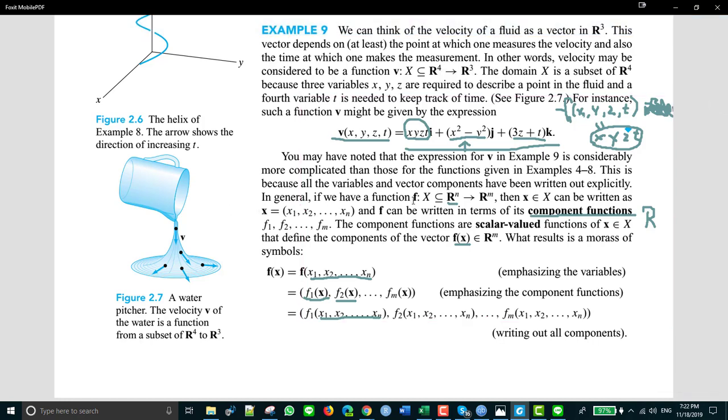In other words, when the output is a vector, she uses the notation that the name of the function will be bold-faced. So this one is a function from x, which is in Rn, to Rm. So this should be bold-faced because it's to Rm.